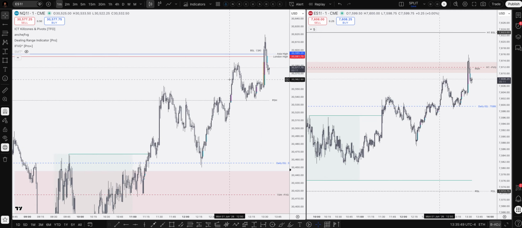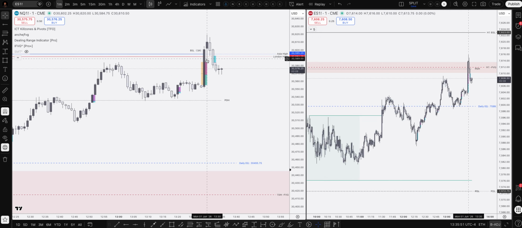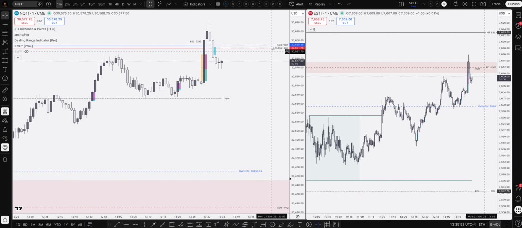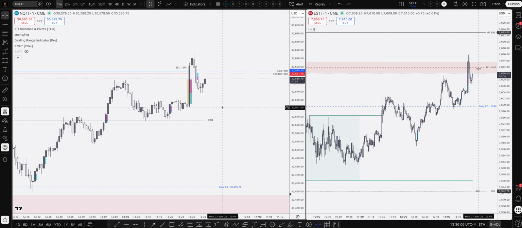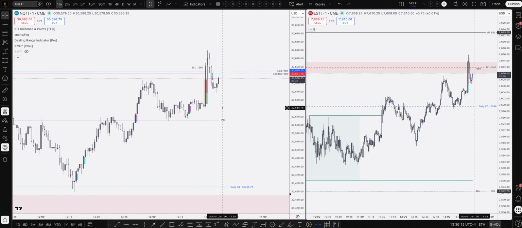Doesn't look like there's any SMT or anything. Now, we've got a massive sweep here, but once again, you have previous all-time highs right here. Shorting at previous all-time highs is not advisable. From a technical perspective, it is, but you have to gauge what's actually happening in the market.